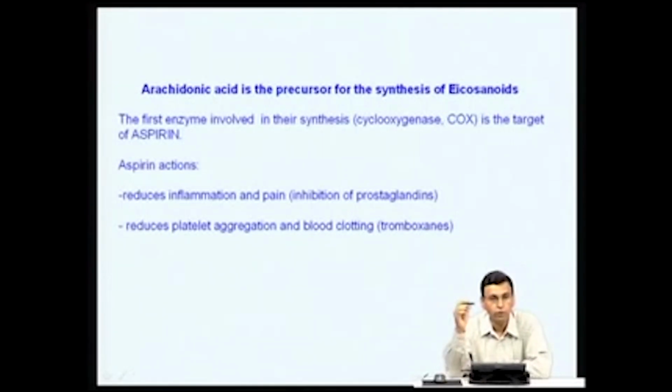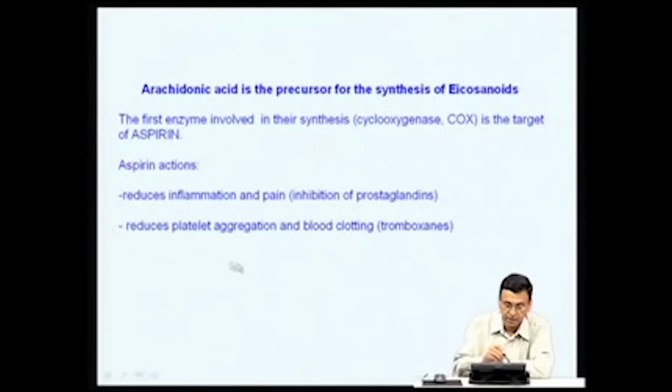I am sure most of you have taken aspirin tablets whenever you have pain, or when you are a heart patient, to keep your blood thin. People usually recommend aspirin, and the two important properties of aspirin are that it reduces platelet aggregation and therefore prevents blood clotting, and it reduces inflammation and pain.